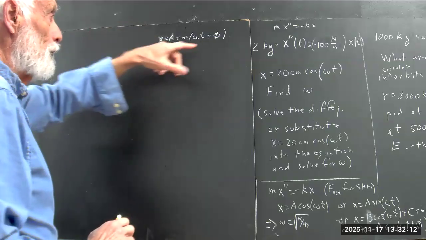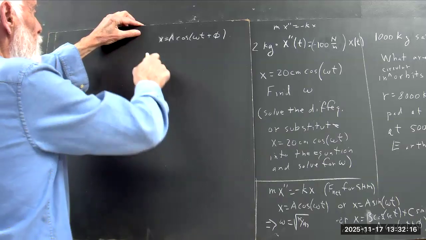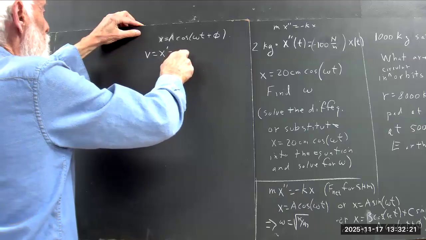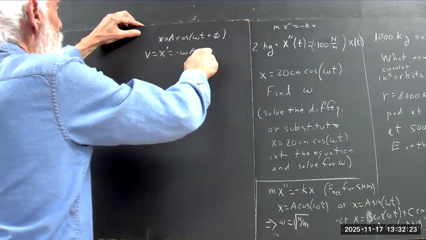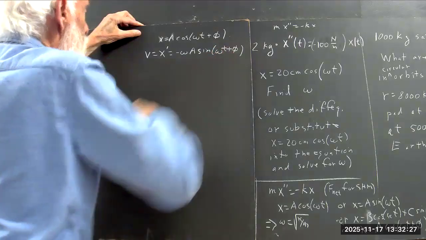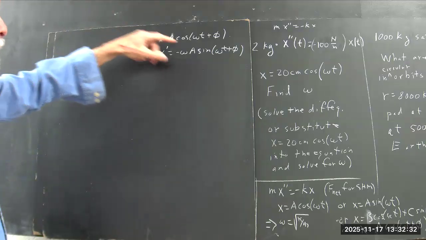Well, x is explicitly a function of t. So there's your velocity formula. This is your equation of motion.